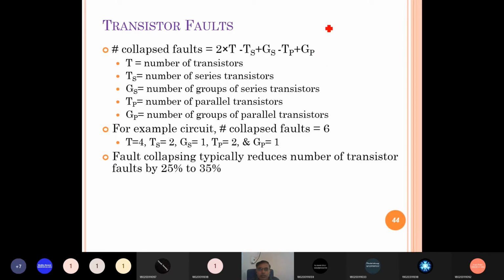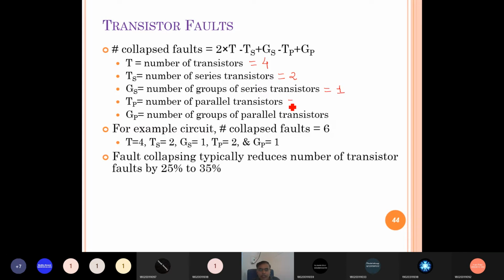In our two input CMOS circuit, the total number of transistors is 4, and the total number of series transistors is 2, and the number of groups of series transistors is 1. The PMOS are in series, so this is one group.